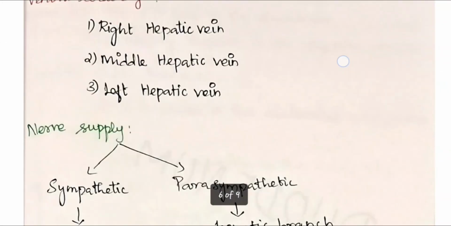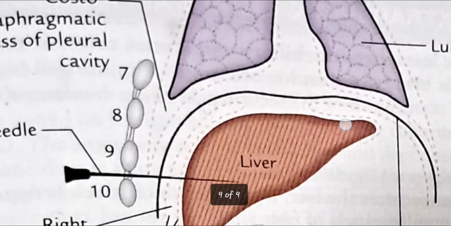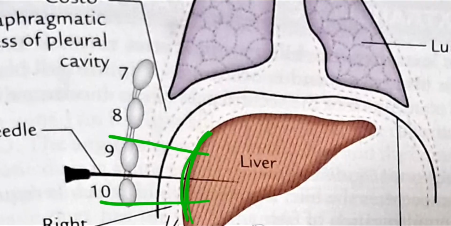Coming to the right lateral. In this picture you can see the right lateral of the liver. Normally the liver is related to the 9th and 10th ribs on the right lateral side.